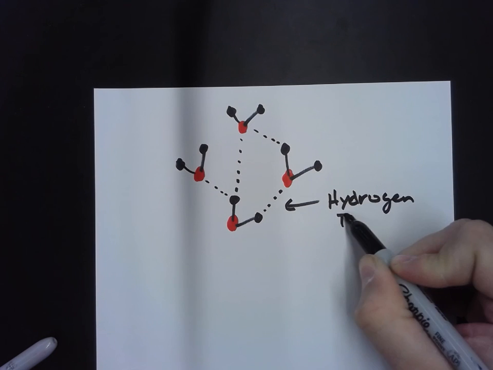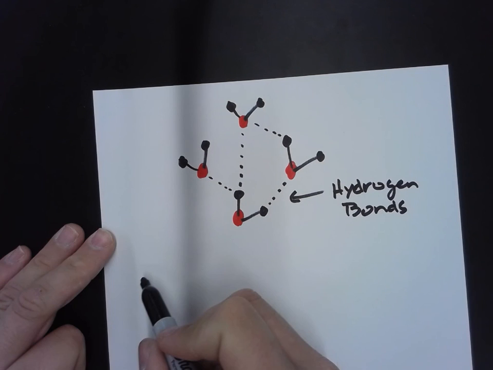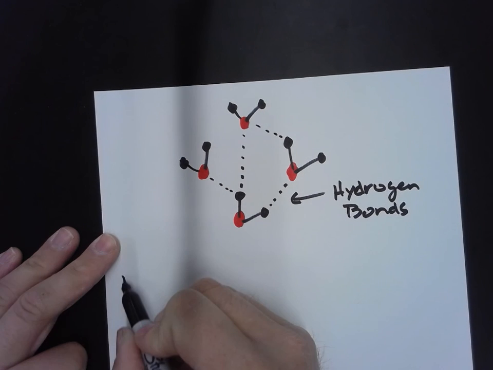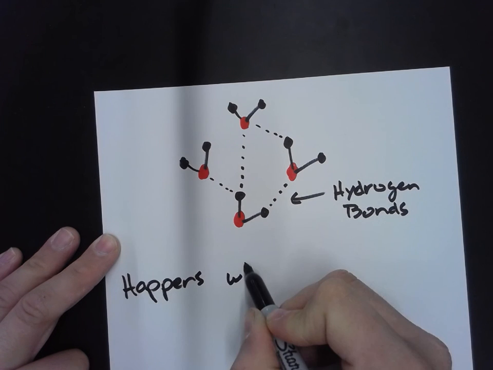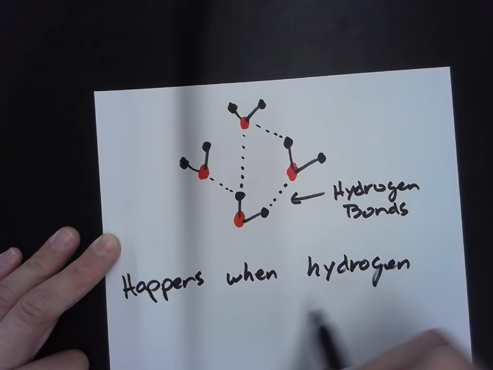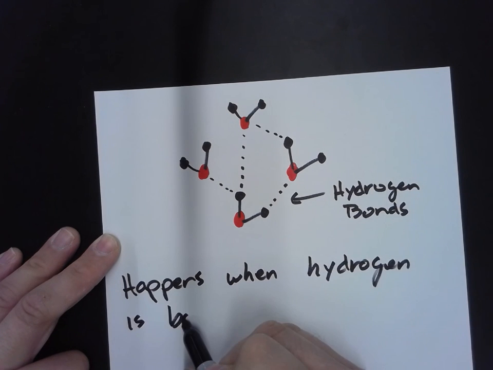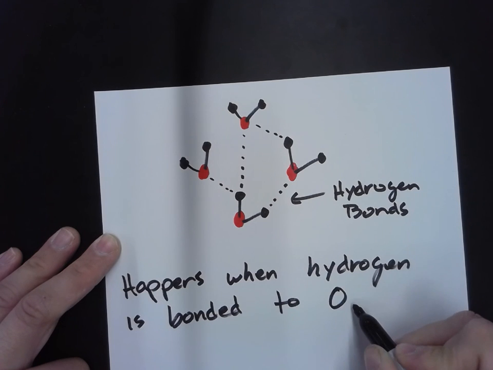Hydrogen bonding happens when hydrogen is bonded to oxygen, nitrogen, and fluorine.